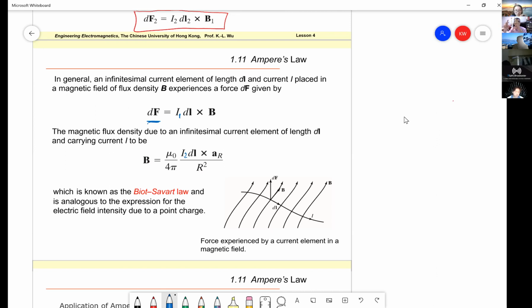You cannot change this constant, and you cannot change the distance because the two loops are fixed. So the only thing you can change is either I1 or I2. This can be variable.